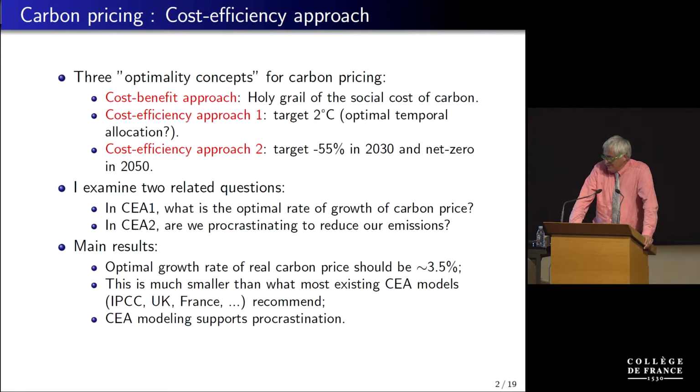And there are two ways of approaching this cost efficiency problem. The one is second best, where we try to optimize the use of this intertemporal carbon budget associated to the target. I would call that the cost efficiency approach one.